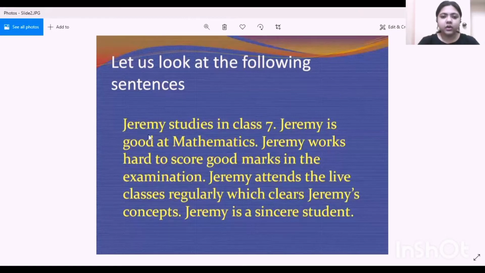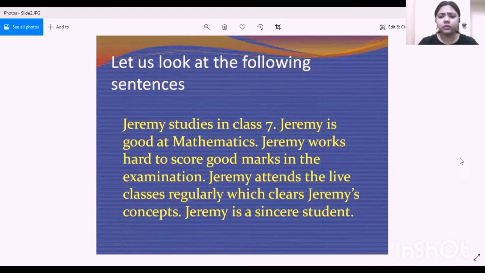Now, what we observe by reading this whole paragraph is that the proper noun Jeremy is coming again and again repeatedly in every sentence, which is making this paragraph ambiguous, confusing, and lengthy.